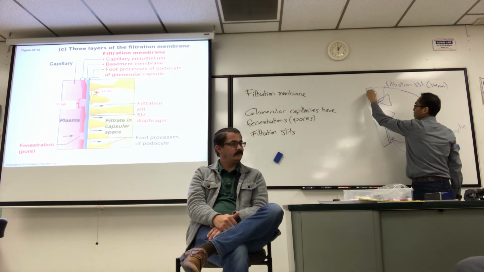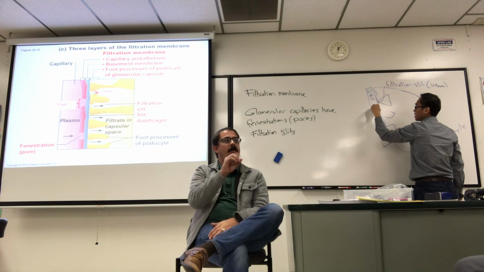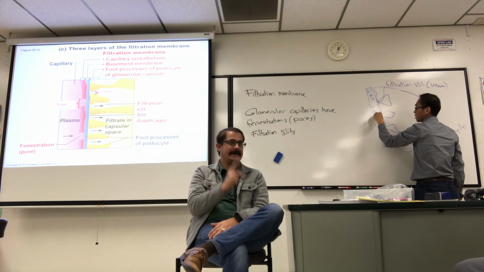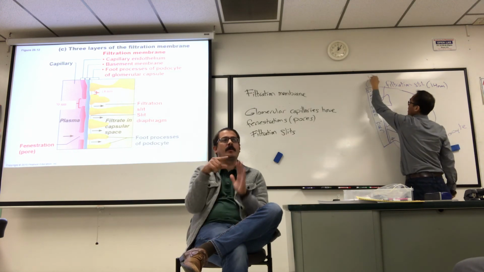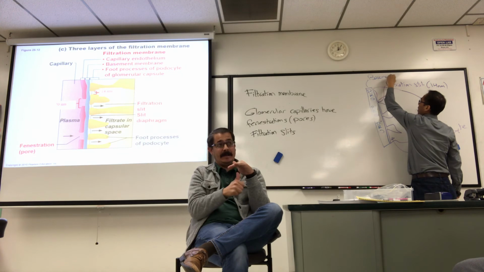It's got a lot of collagen, a lot of proteins. Proteins usually have a negative charge. Well, anyways, that's basement membrane.